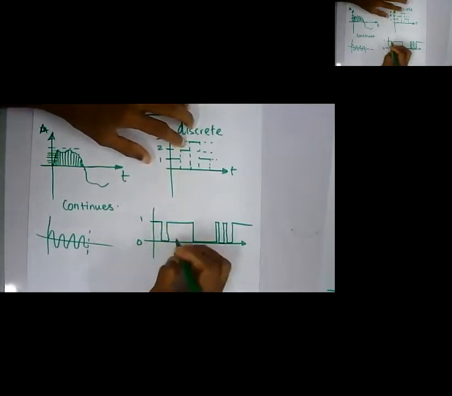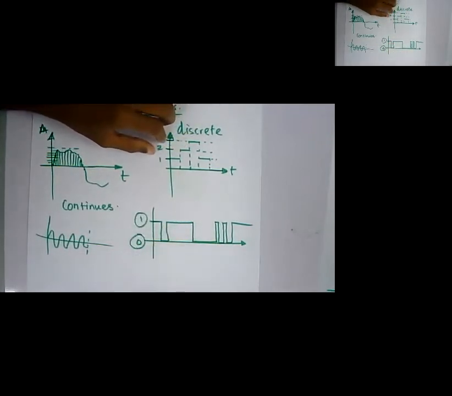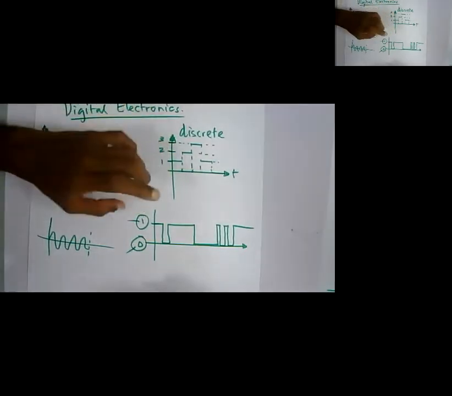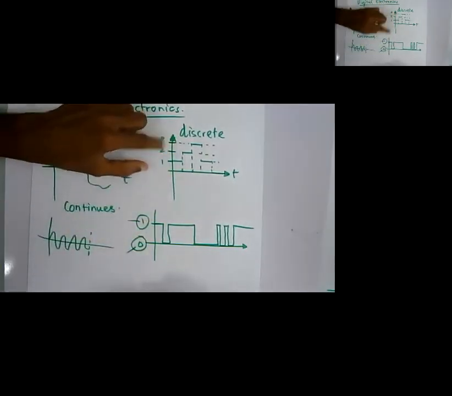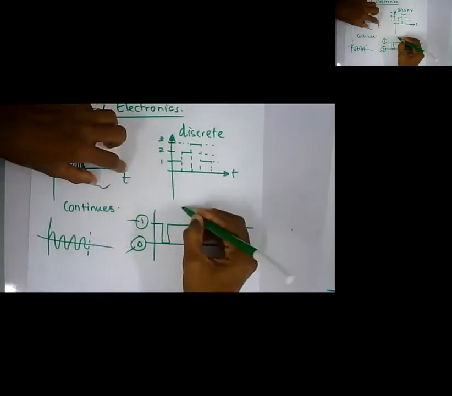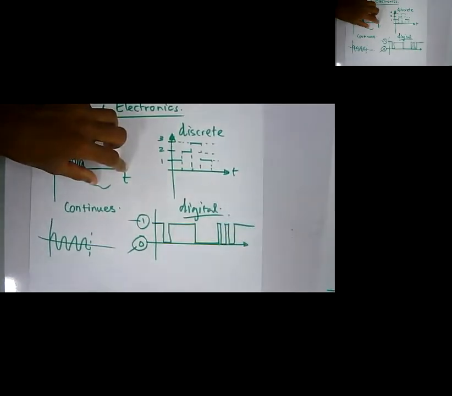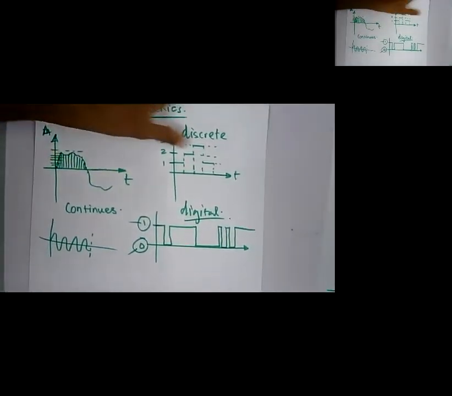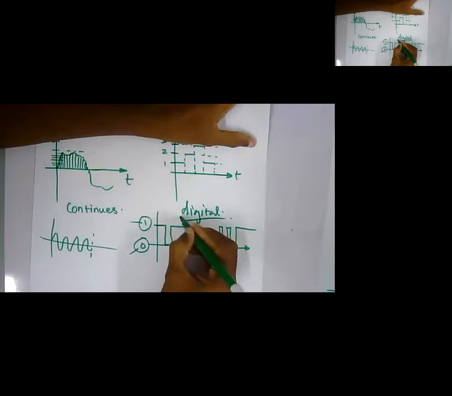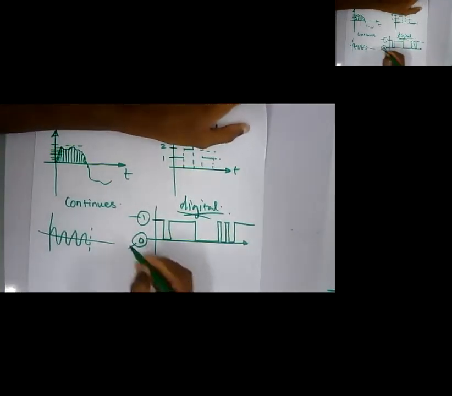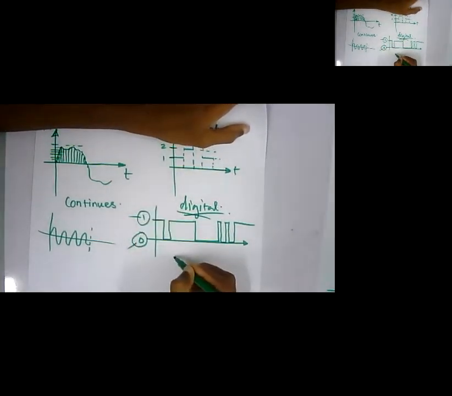There is no 2 or 3. This signal is called a digital signal. So we can understand that a digital signal deals with only two levels, 1 and 0.